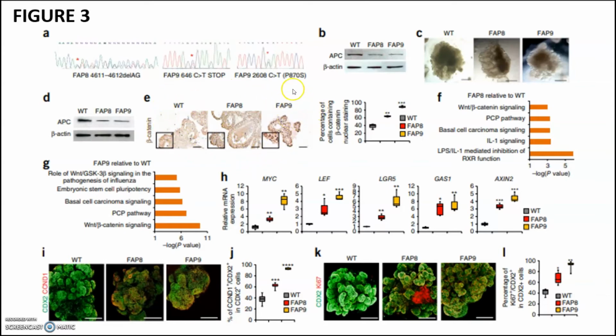And then you can see in figures 3E, 3F, and 3G, and also 3H, 3J, and 3L, that in all of these, your FAP9 has higher expression in everything that Crespo et al. was looking for, whether it was these different markers, or the Wnt pathway in 3G, or the mediated inhibition of RXR function.